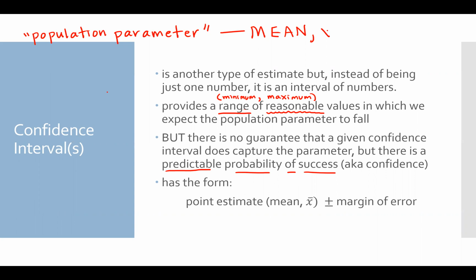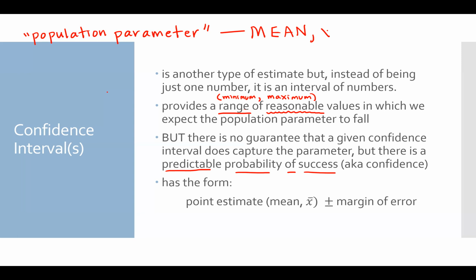And again, instead of having a single value, we're trying to create a range of values that the population mean falls into. And again, we have a predictable probability of success.